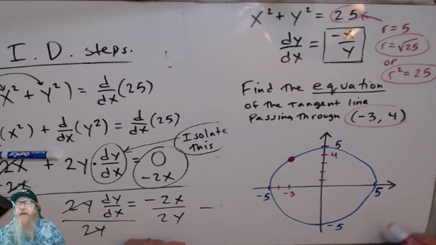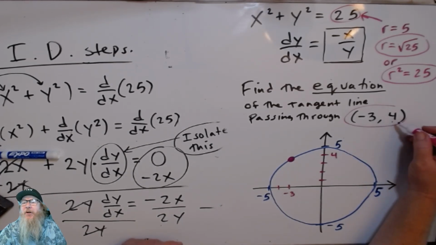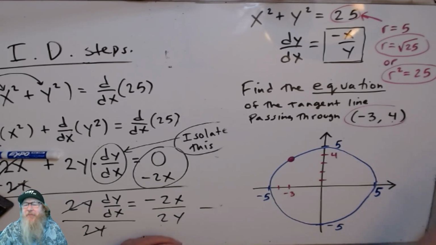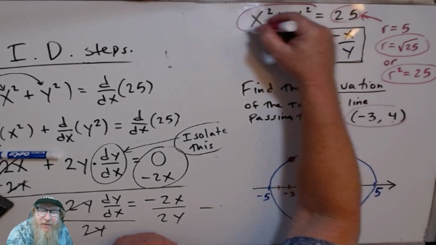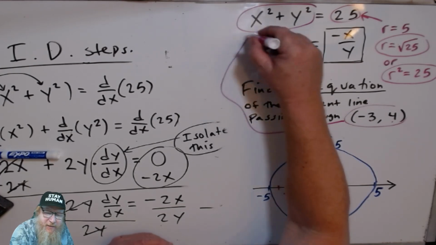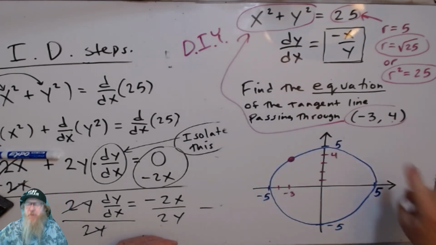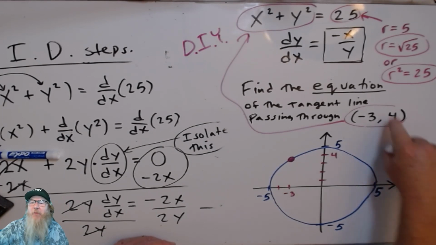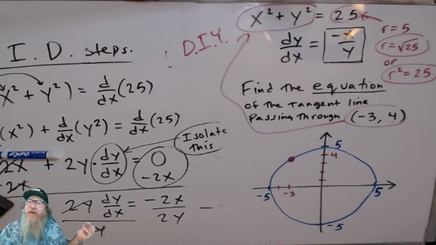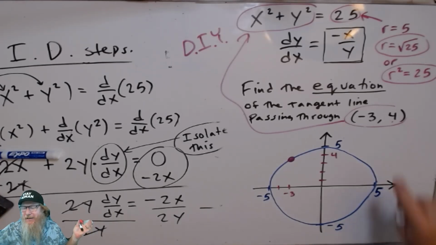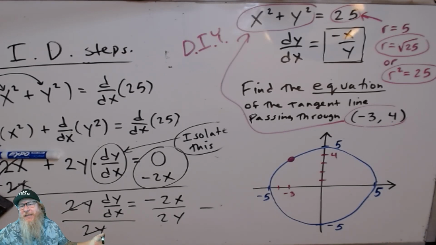Now this does have to be a point on the curve. I didn't verify that, but I'll leave that to you as a DIY. If you plug in negative 3 and 4, it does have to equal 25. You can do that mentally. Negative 3 squared is 9. 4 squared is 16.